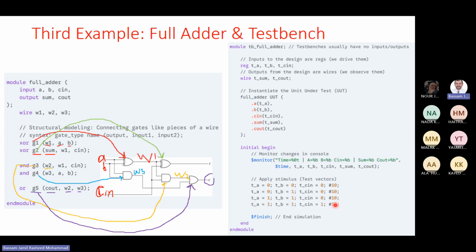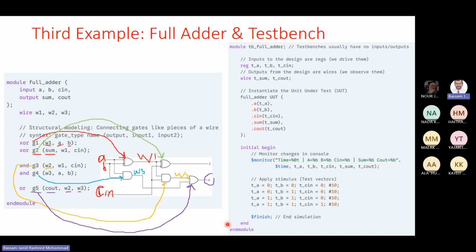I am changing the values of TA, TB and TCN: 000, 001, 010, 011, 100, 101, 110, 111. Okay. As I change these values, they will change the pins on the adder, and I'm going to observe the output of the adder. By changing the inputs of the adder and observing its output, I can verify the behavior of the adder. The monitor statement says that when any one of TA, TB, TCN, TSum or TCout changes, print this statement, which gives me the time in the simulator and the values of A, B, CN and sum, and I can verify it by the screen or by the waveform.